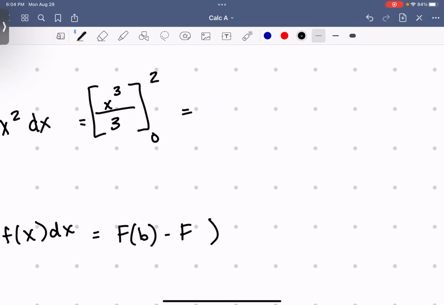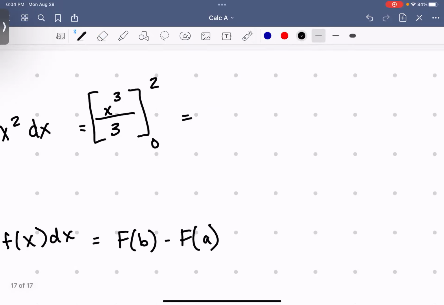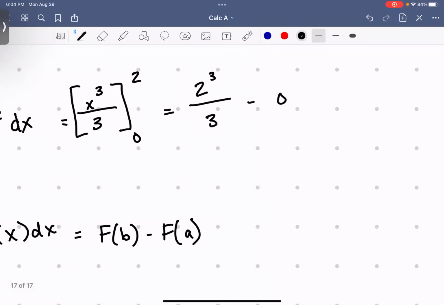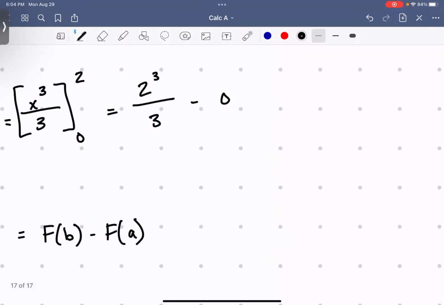It's f of b minus f of a. Okay, so now it's going to be 2 cubed over 3 minus 0. Right? Okay. So what is 2 cubed? 2 cubed is 8, over 3.